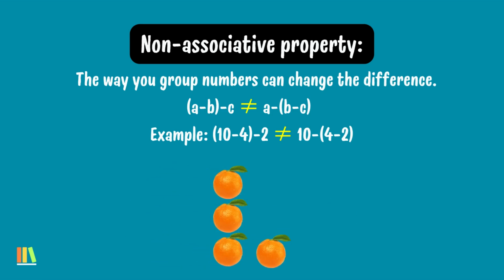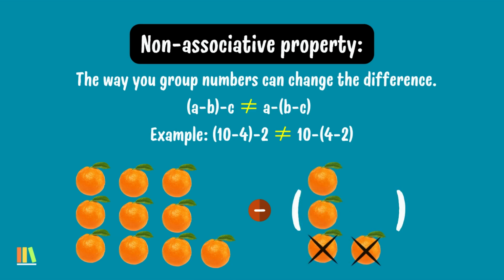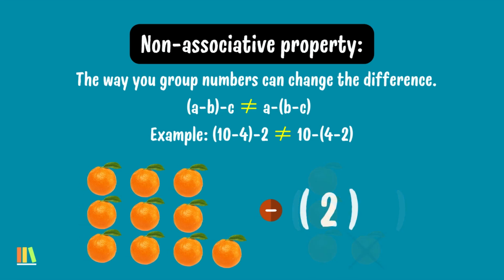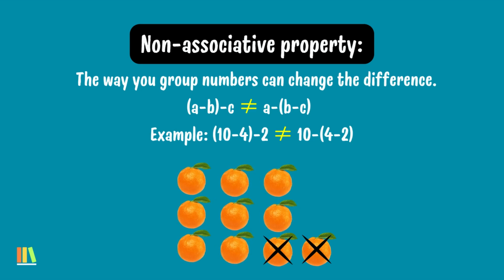4 oranges left. This is not the same as 10 oranges ungrouped minus 4 minus 2. Let's break that down. 4 oranges minus 2 totals 2. 2 oranges grouped. 10 oranges ungrouped minus the 2 will total 8.